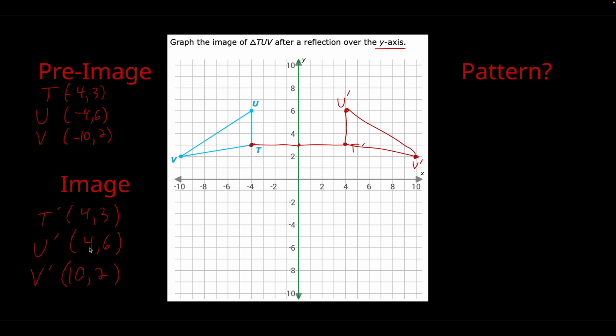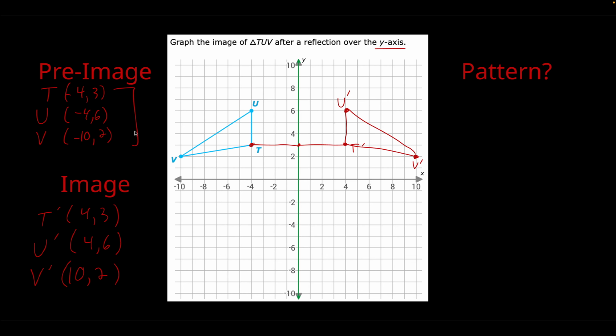And so once you reflect both points, here is the shape of the reflected triangle. You can see everything matches up across the mirror here. Now, there is a pattern here. When you reflect over the y-axis, there's a pattern to your numbers.